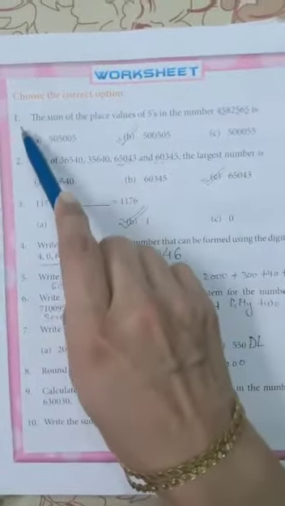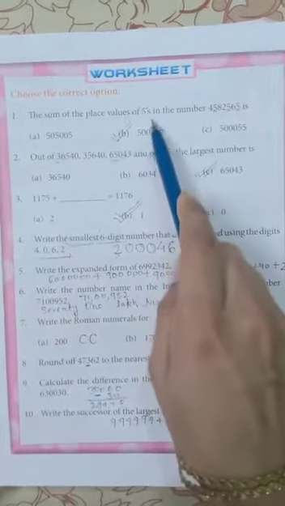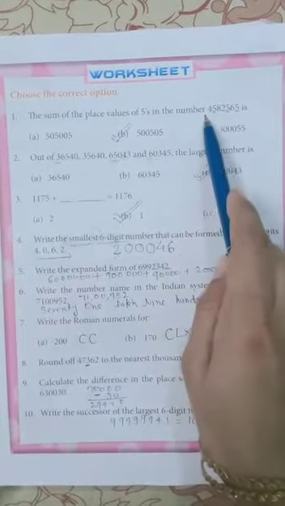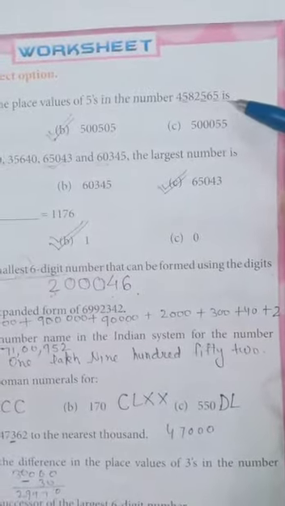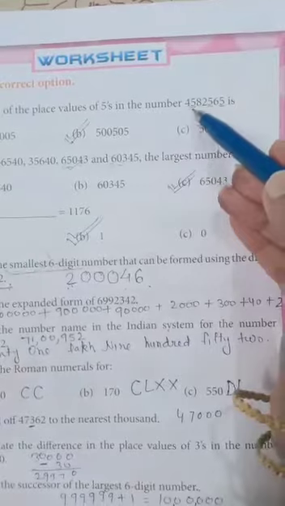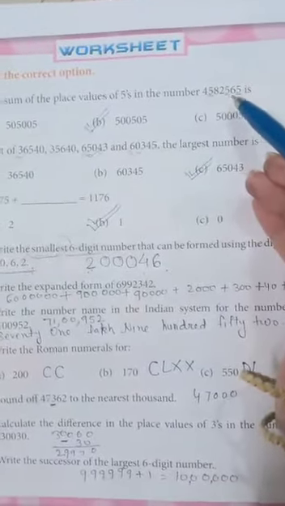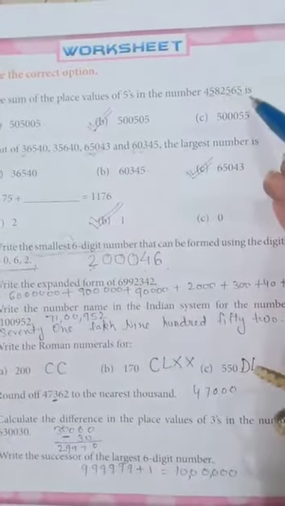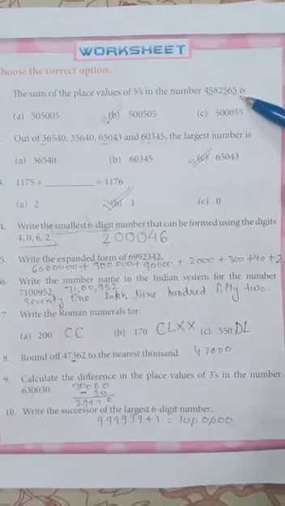Come to question number 1. The sum of the place values of 5s in the number 45,82,565. First we have to see how many 5s are here. There are three 5s. The place value of this 5 will be 5 lakh, the place value of this 5 will be 500, and the place value of the last 5 is 5.